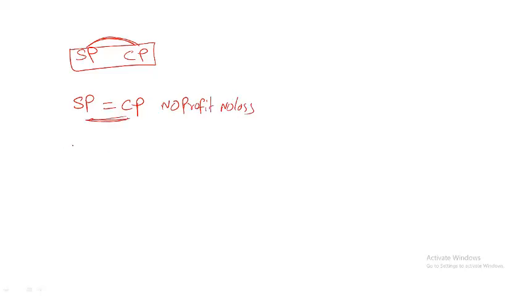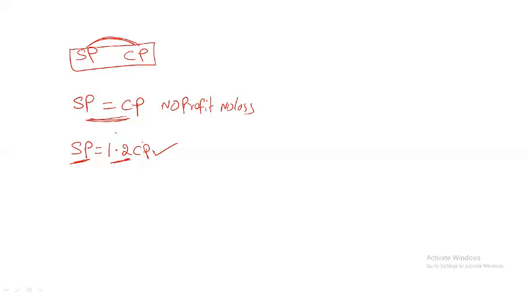Now let us say that selling price is equal to 1.2 times of cost price. Now in this case you just try to understand whether you will get profit or loss. In this case selling price is more than cost price because selling price is 1.2 times the cost price, correct?